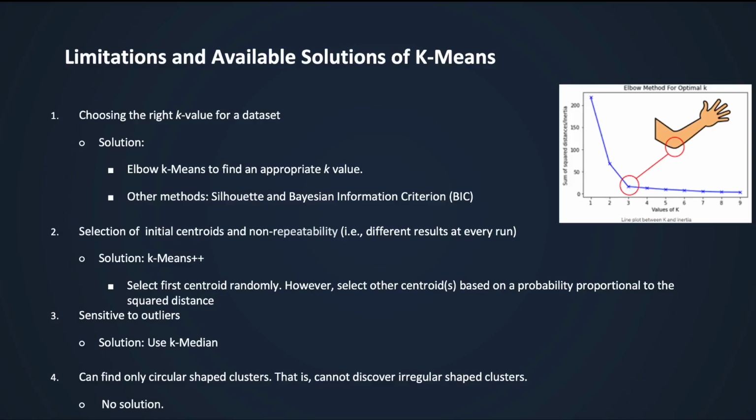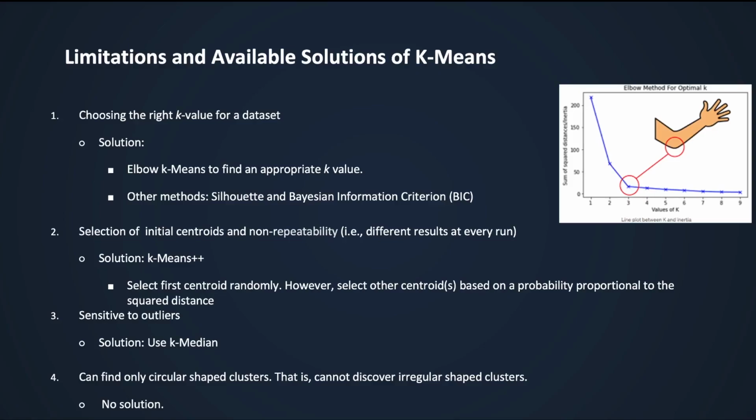Assume that I have given you a dataset and requested you to perform the k-means algorithm. Then the immediate question that comes to your mind is, what k value should be used? This is the fundamental open problem faced by the k-means algorithm.